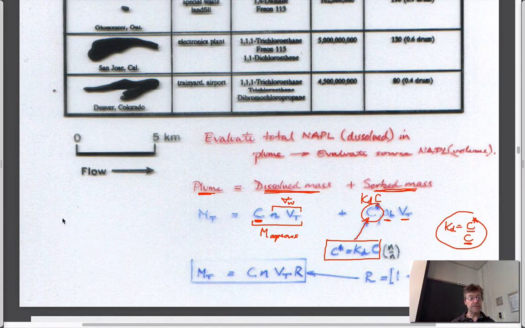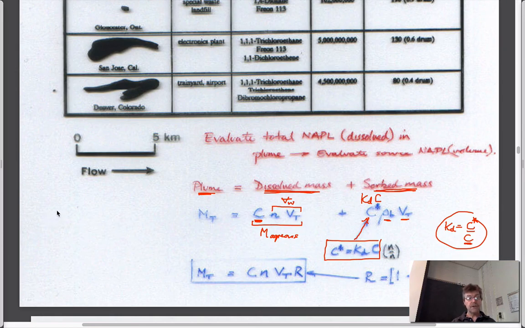See if I can actually do this. Porosity times concentration that we'll take outside the brackets, and total volume of the aquifer. I'm going to take everything outside the bracket. So this by definition is going to be the right units of mass.